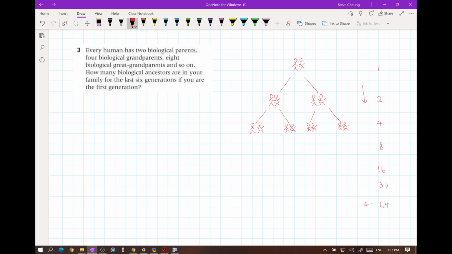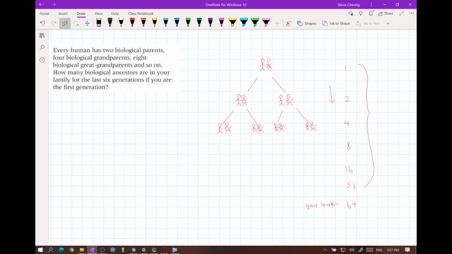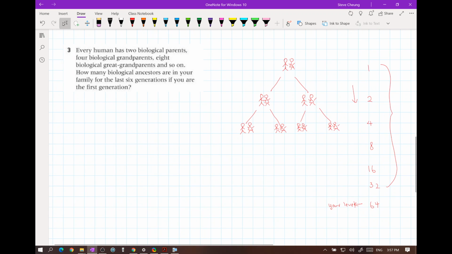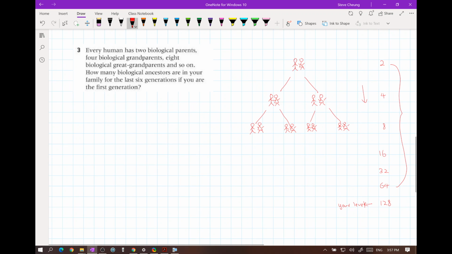So this is your level. All I'm doing is adding all these levels here. The first one actually shouldn't be 1, it should be 2. So let me fix these. Top level should be 2, followed by 4, 8, 16, 32. And this is the 7th level because you want 6 generations before. These numbers are simple enough to just add them up.